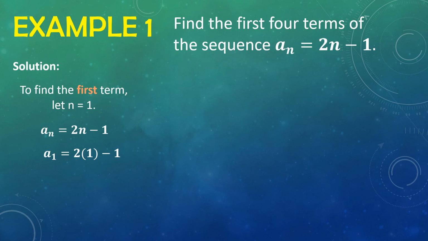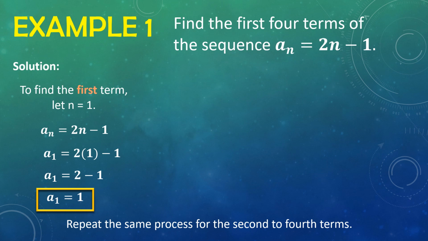Substitute the value of n, which is 1, and simplify. A sub 1 is equal to 2 times 1, which is 2, and copy minus 1. So the answer, or the first term, is equal to 1.